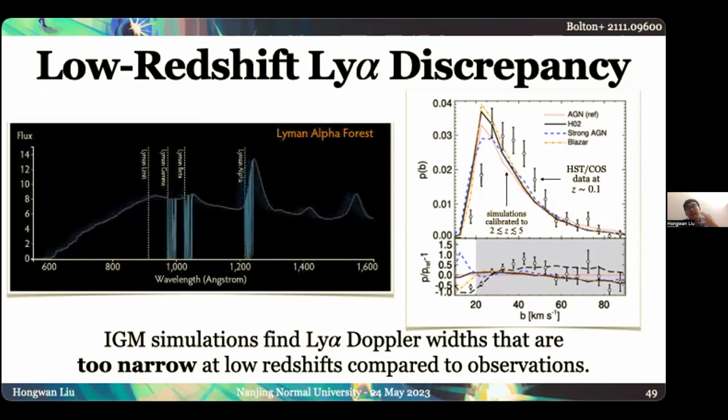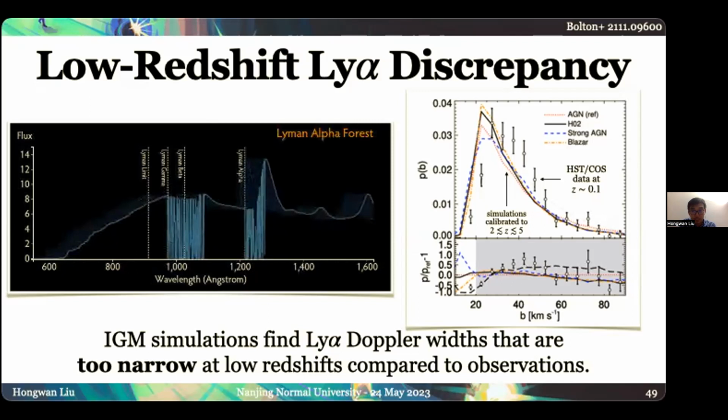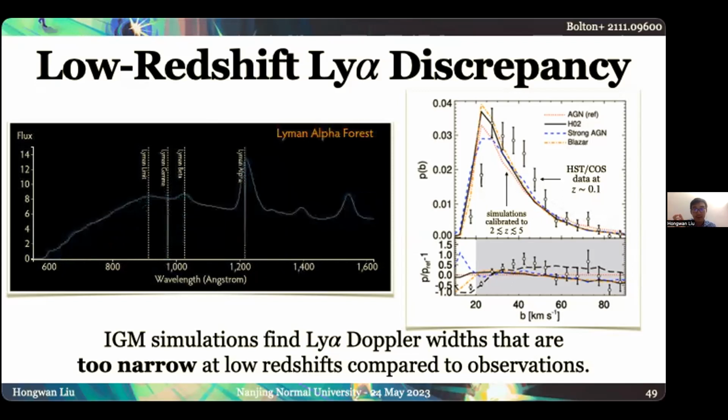This data comes from looking at Lyman-alpha forest measurements from sources that are very near to us, so very, very late time, at a redshift of 0.1 or so. The data points correspond to the probability distribution of the widths of these absorption troughs. On the x-axis is essentially the widths of these troughs, and on the y-axis the probability of finding such widths.